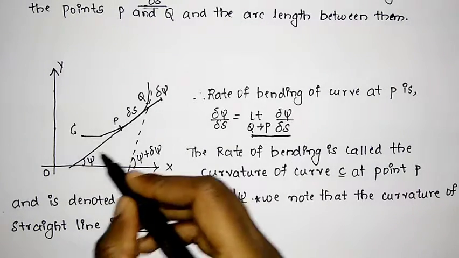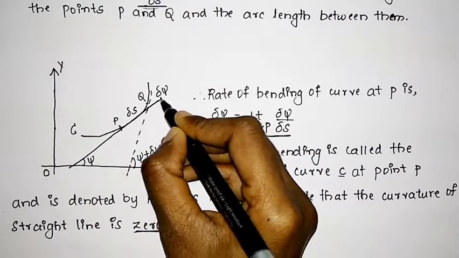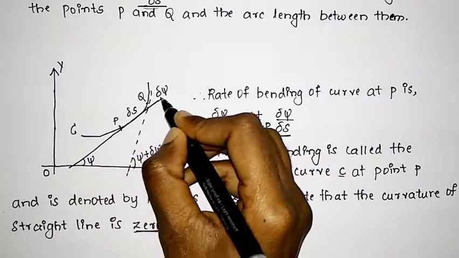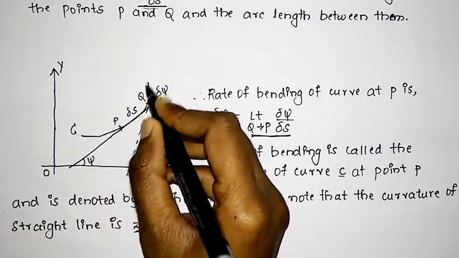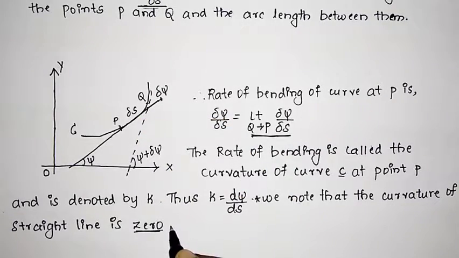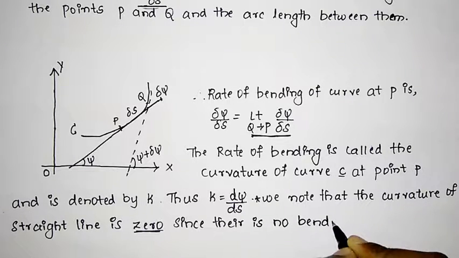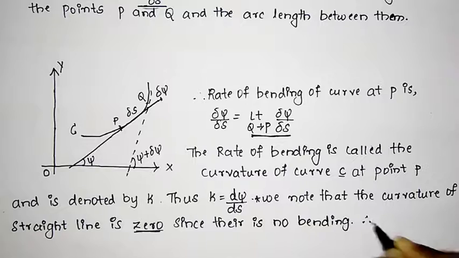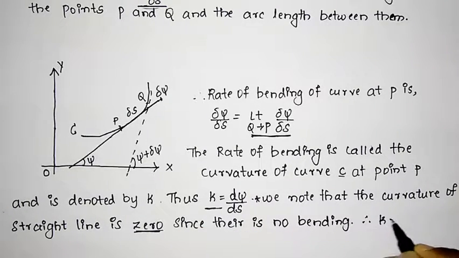If you consider any straight line, the curvature of this straight line is 0, because the straight line is always straight, there is no bending of the line. Therefore the curvature of any straight line is 0, since there is no bending. Therefore we can write k to be 0.